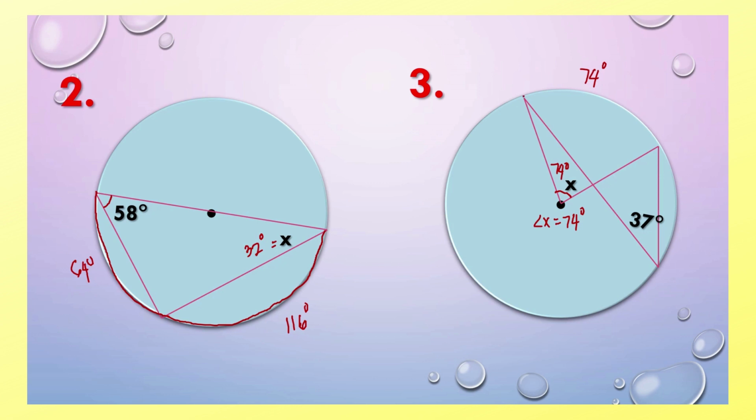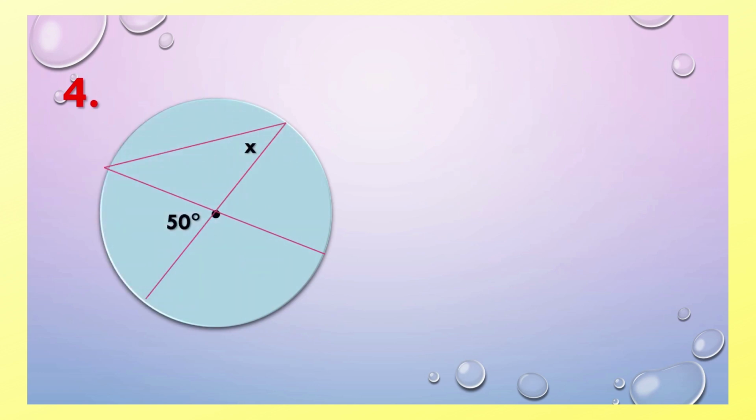'Di ba, according sa rule kanina sa ating theorem, kapag iisa lang ang kanilang intercepted arc, times 2 mo lang yung ating inscribed, makukuha mo na ang measure ng ating central angle. Or pwede mong i-base dito sa intercepted arc. Ayan. Kunin mo yung intercepted arc, 74 degrees. So yun din ang measure ng central angle natin. 74 degrees.